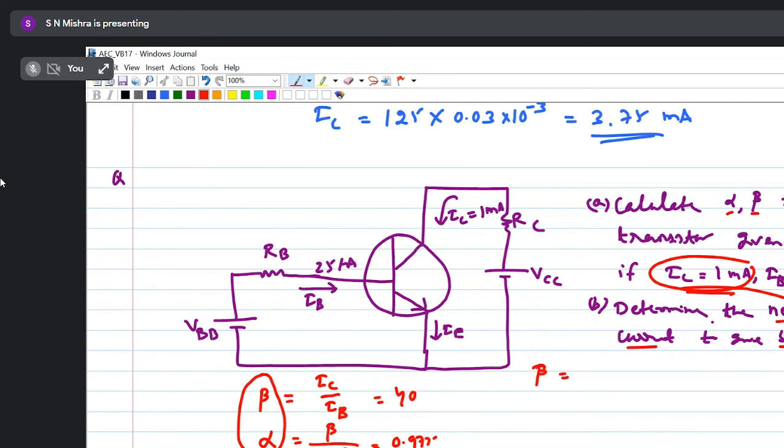Beta equals IC by IB, beta is constant, IC changed, I want to find IB. 0.125 milliampere, you convert to microampere because base current is always small. So 5 milliampere divided by 40 gives 125 microampere.